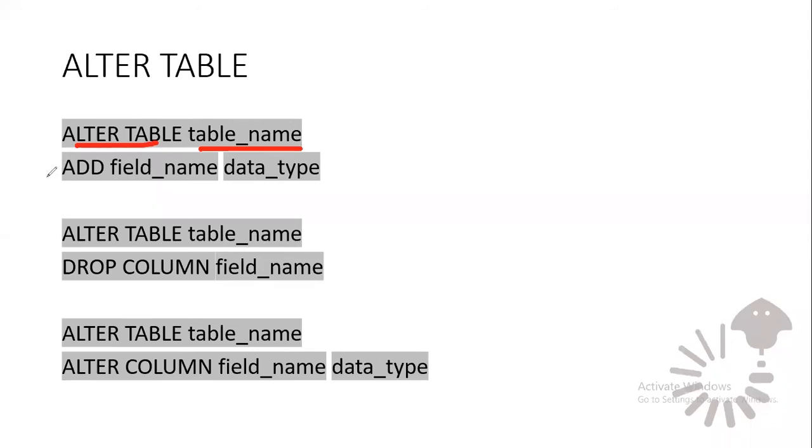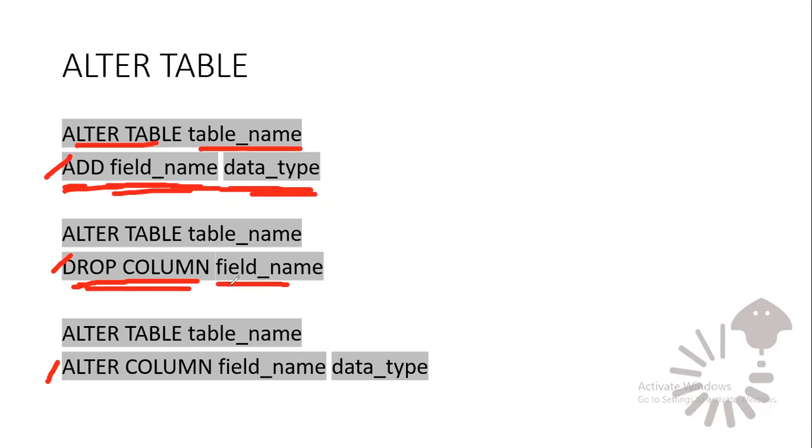In alter table, you can add the field or add column. So add field, add followed by the field name and what is the data type. So kung kanina tatlo lang yung field natin, gusto mong dagdagan, add field name and then the data type. You can also drop column and alter column. Drop column, this is your keyword, drop column, followed by the field name. Column again is your field.